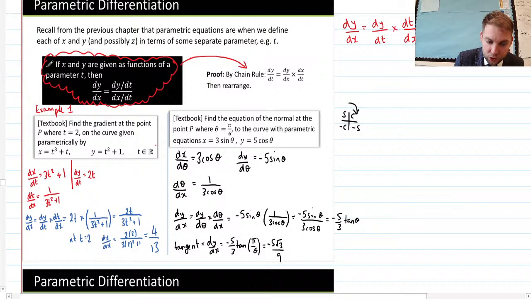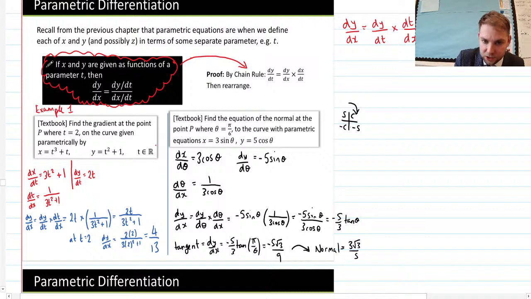So if I want the gradient of the normal, we know it's going to be 1 over this. We need the negative reciprocal, don't we, sorry. 1 divided by my answer is equal to 3 root 3 over 5. But don't forget, it's the negative reciprocal, so this is going to be equal to positive 3 root 3 over 5.